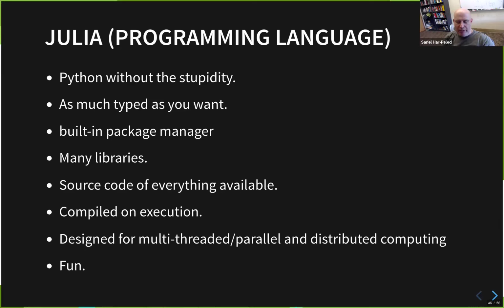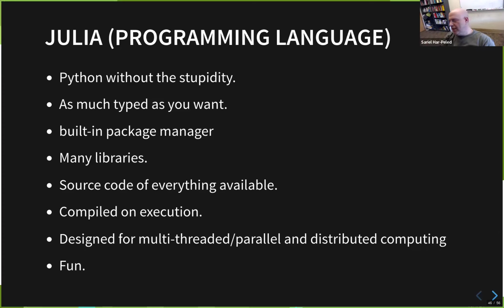And Julia has the same thing. One nice thing about Julia is that you get the source code of everything. When you install a package, it downloads the source code. It's very easy to go and look at what the package does and how it's implemented. It's extremely useful to make sure that they're doing the right thing and also to learn the language.